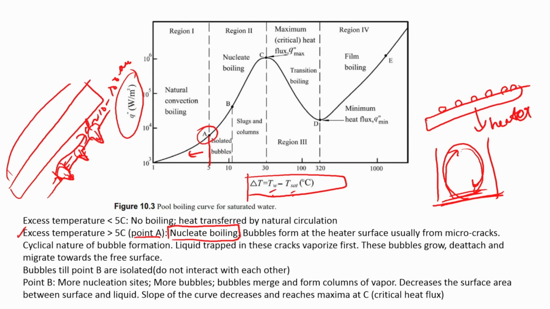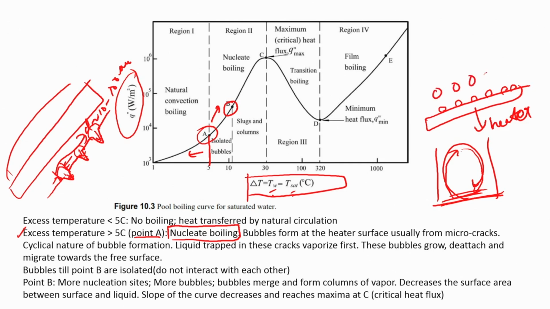These bubbles grow, detach and migrate towards the free surface. Till this point B on this curve, you can see there is a steady increase in the heat flux because more and more bubbles are forming. Around B, when the degree of superheat is about 11-12 degrees, you will find that till this point the bubbles were mostly isolated.